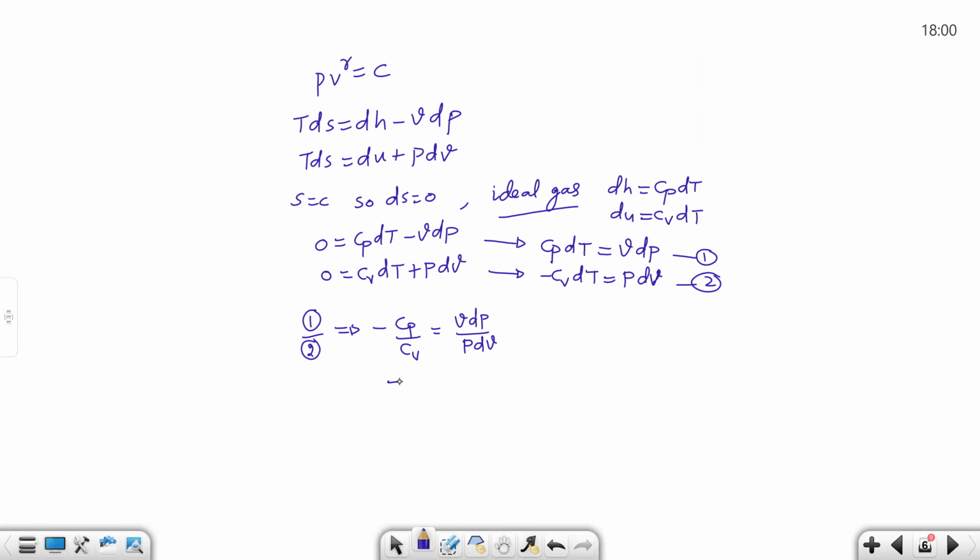Cp by Cv is gamma. So you can take dV by V on one side and dP by P on the other. Variable separable. Now if you integrate, you will get minus gamma ln V equals ln P plus a constant, ln C.